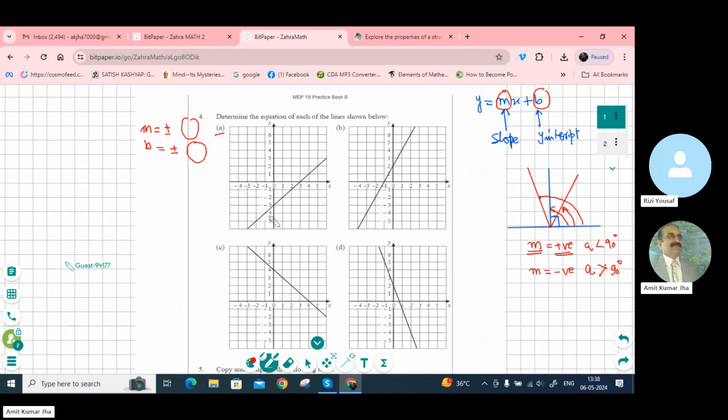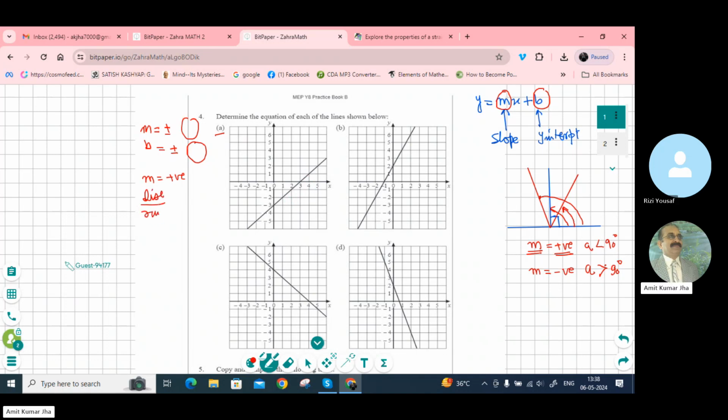Less than 90 means positive. So m is positive. Now rise over run. So what is rise and what is run? That you have to find.